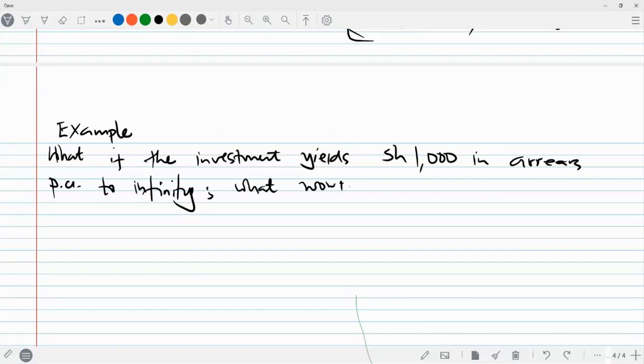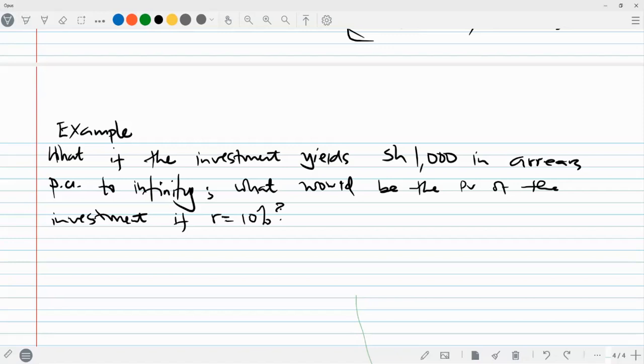What would be the present value of the investment if R is equal to 10%? So this investment yields 1,000 per year, every year, to the foreseeable future, to infinity.